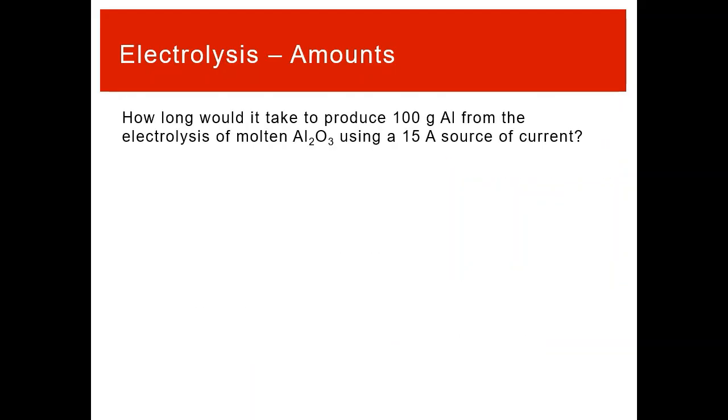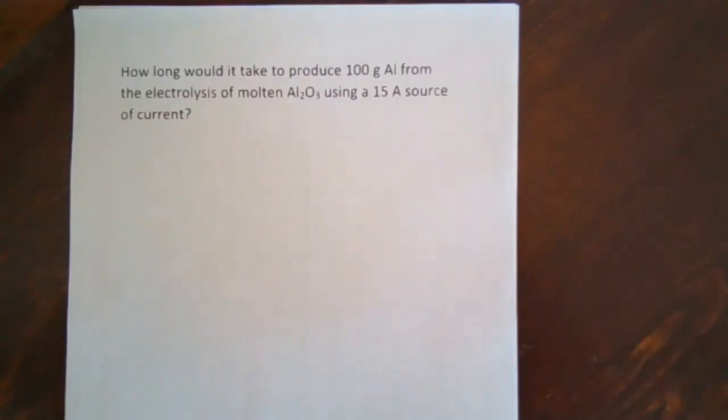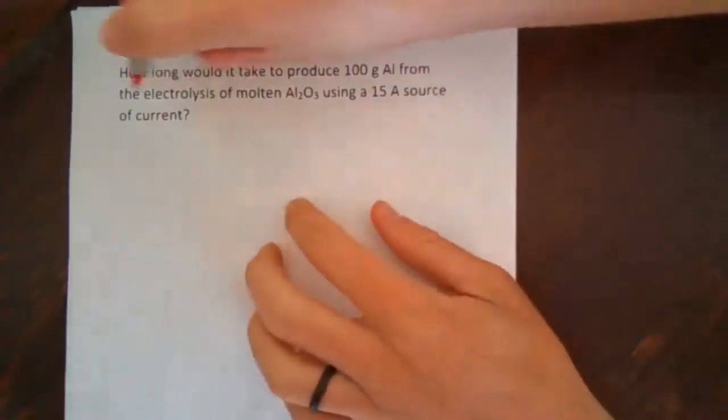Let's look at an example. How long would it take to produce 100 grams of aluminum from the electrolysis of molten Al2O3 using a 15 amp source of current?